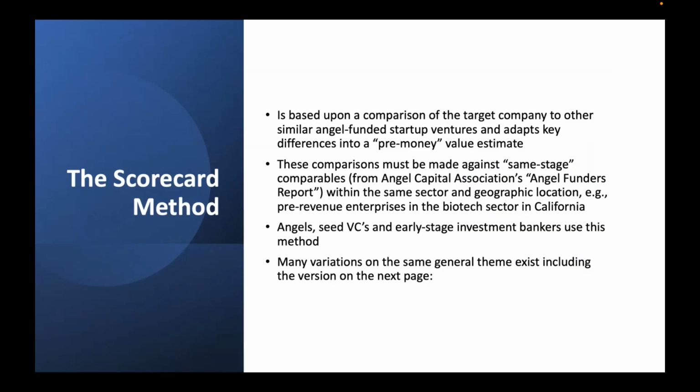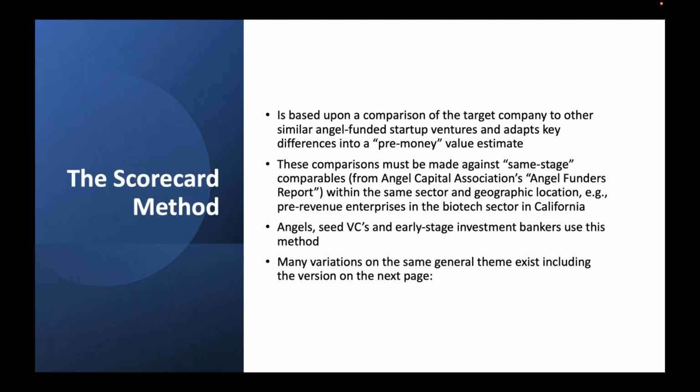The scorecard method is what you would refer to as a market approach method, basically. And it's based on comparing the company that you're valuing to other similar angel-funded startup ventures.